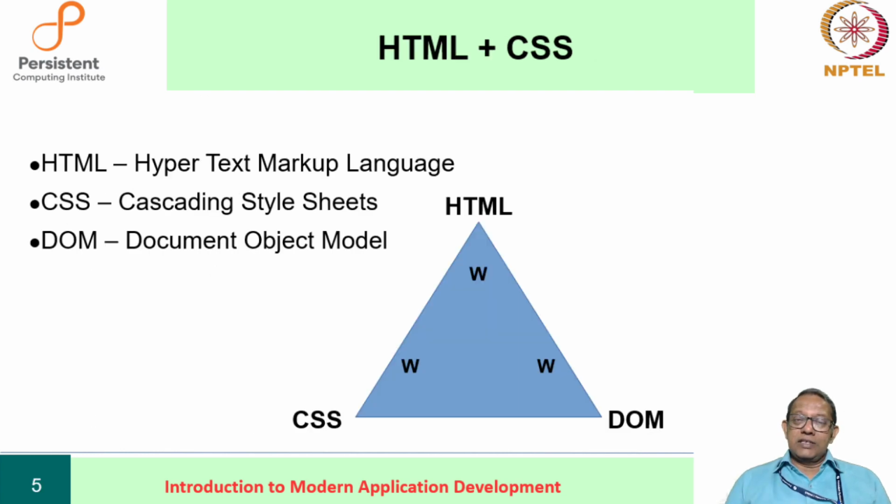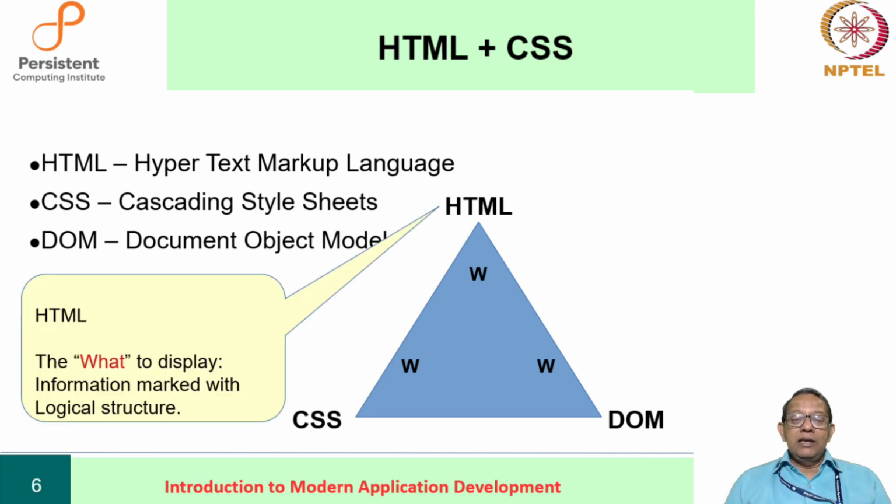This is what gives us our standard web tools, the HTML, the CSS, and what we call the document object model, DOM. There are times when we feel that it's better to view the web as a system of three entities, the HTML, the CSS, and the DOM.